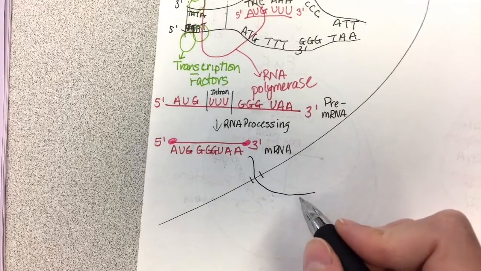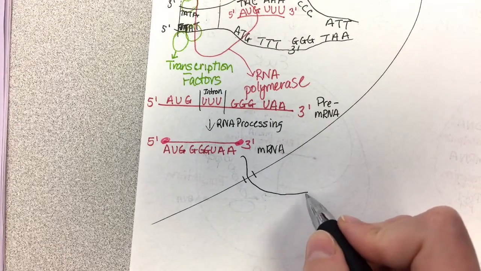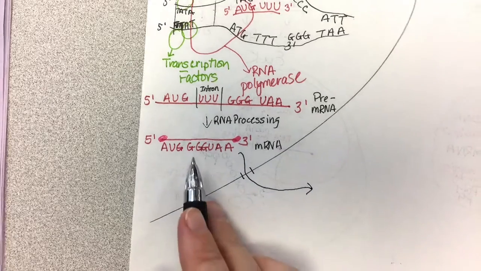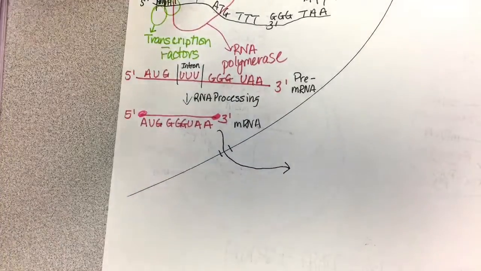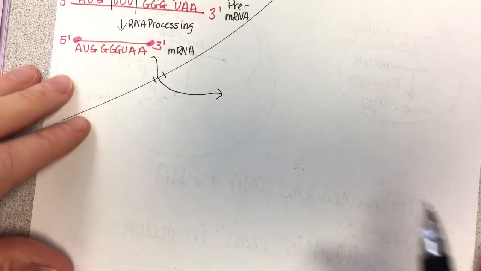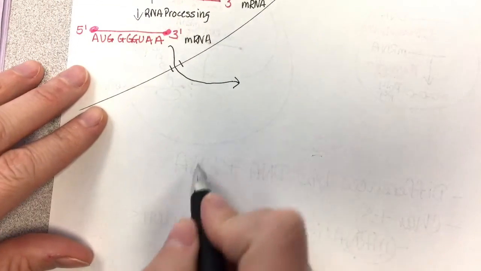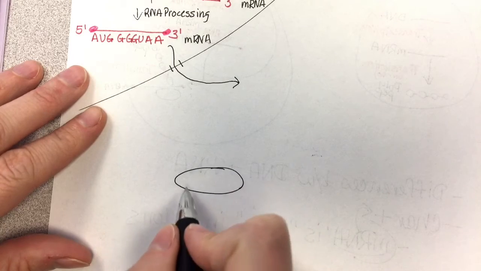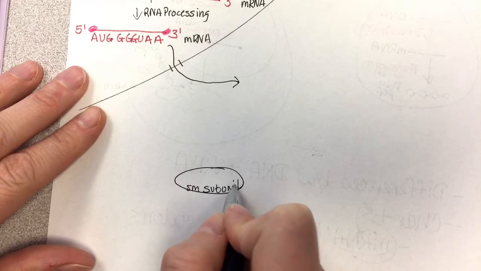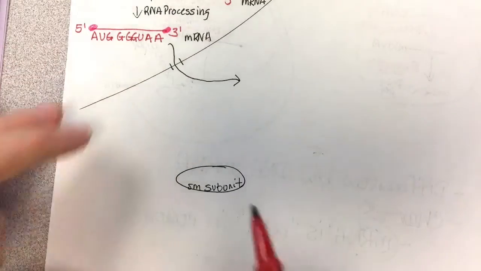So this will leave the nucleus and go to where? Where it'll meet up with a ribosome, but what part of the ribosome? It's going to meet up with the small subunit. So this is the small subunit of the ribosome. And here's your mRNA.